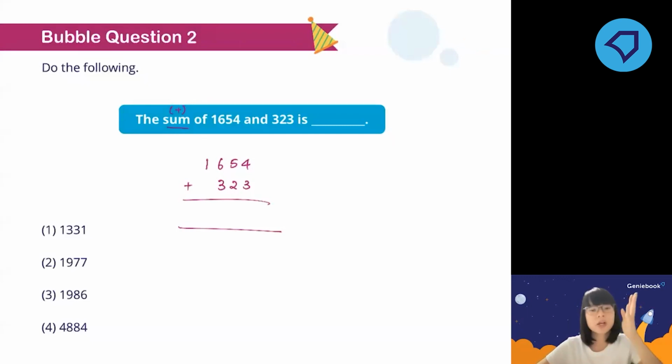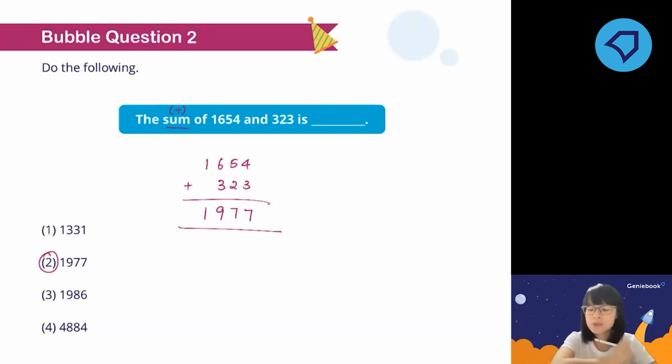So let's start with the digits in the ones place. 4 plus 3 is equals to 7. 5 plus 2 is equals to 7. 6 plus 3 is equals to 9. And 1 plus nothing is equals to 1. So your answer would be 1,977. So that would be option number 2.